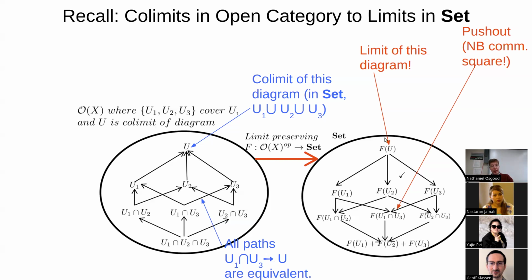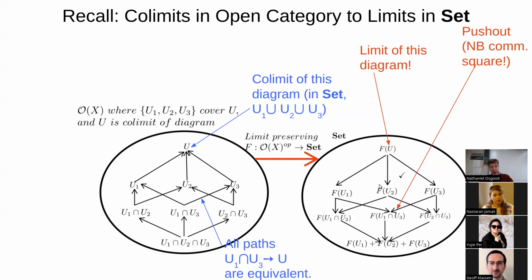So what this is saying is f of U is the limit of this diagram. And if you understand that, you're going to get the essence of sheaves.